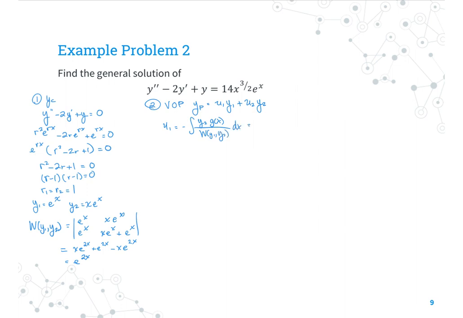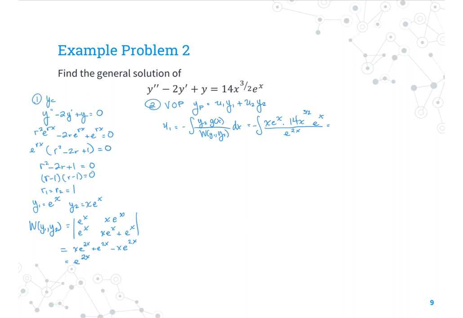Well, in this case, y2 is x e to the x times our forcing function, which is 14 x to the 3 halves e to the x, all divided by e to the 2x, which is our Wronskian.